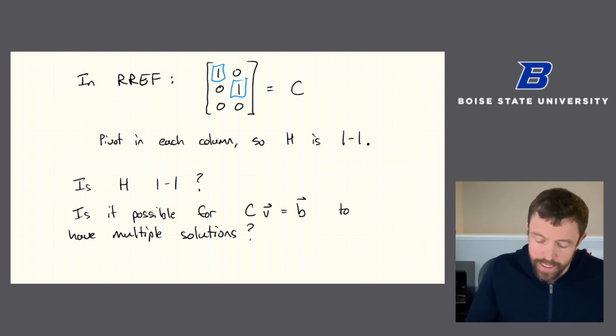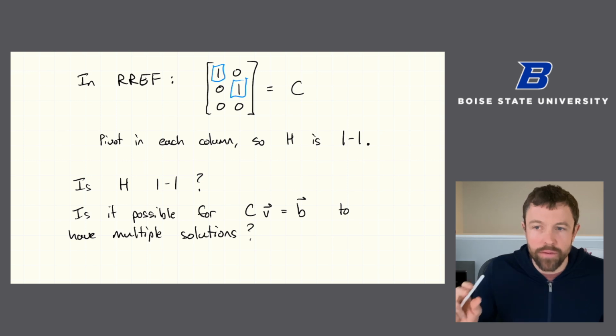Because this would be saying that you have 2 values that you can plug into H to get B as your output. That's really what we're asking.